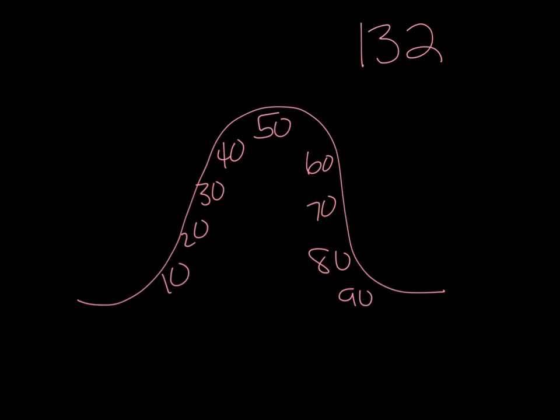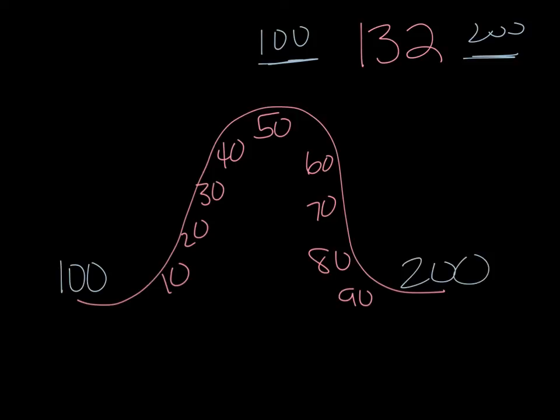Okay, here's the hill example with 132. So I'm going to remember that 132 comes between 100 and 200. So I'm going to write those numbers down here. You'll see that the only difference I made to my hill this time is that instead of 1, 2, 3, 4, 5, 6, 7, it's 10, 20, 30, 40, 50, 60, 70, 80, 90.